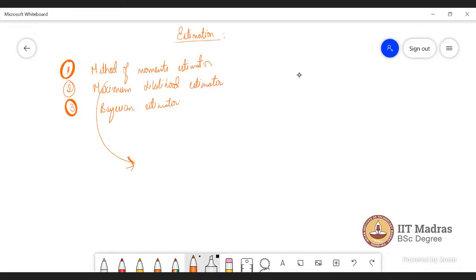So let's say we have Bernoulli samples, x1 to xn, Bernoulli p, right? And if we have to find the method of moment estimator for this p, what is p here? P is your parameter. P is your parameter that is unknown but a fixed constant.